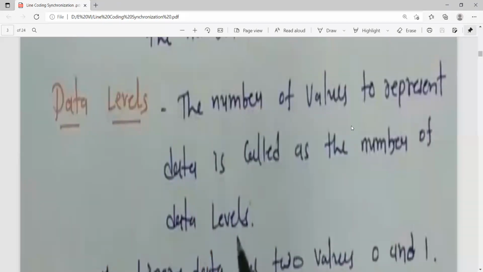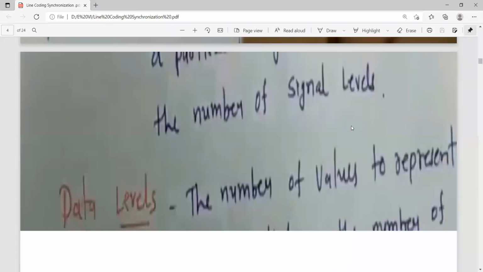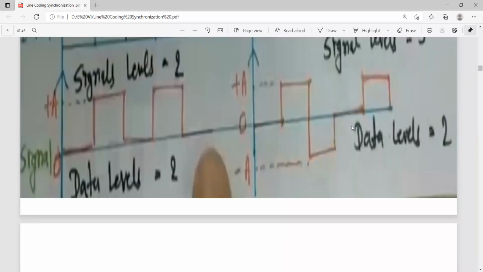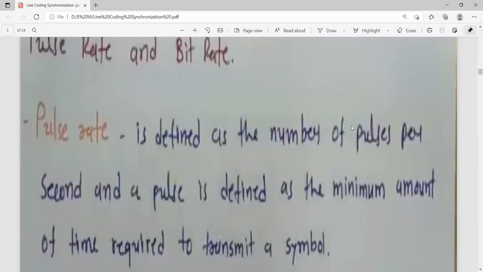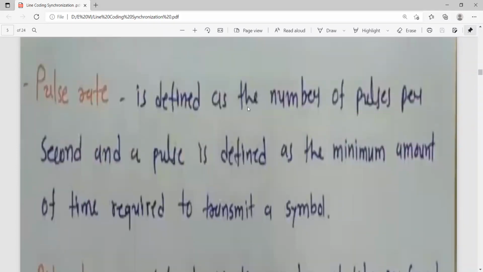If both are equal, then the pulse rate is equal to the bit rate. So just see the definition: the number of pulses per second, and a pulse is defined as the minimum amount of time required to transmit a symbol. One symbol is either a complete one or a complete zero.